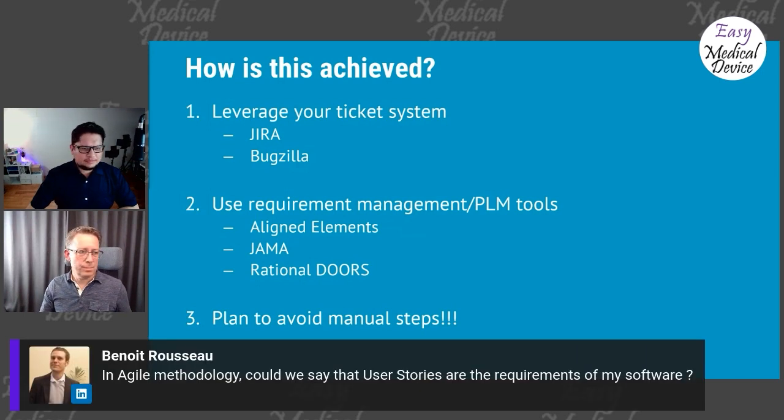Maybe another one. I don't know if it's appropriate for this time, but in Agile methodology, could we say that user stories are the requirements of my software? Well, yes, I think. The tricky thing is that it needs to be verifiable, so it needs to be testable.